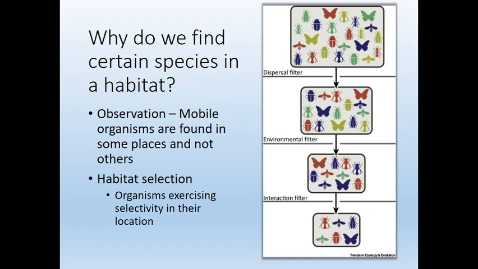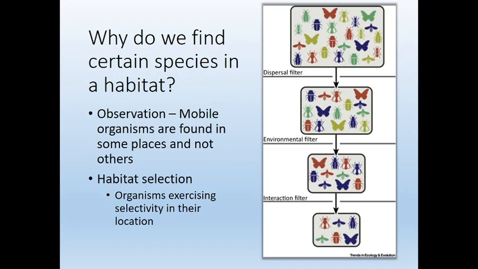Okay, and one of the things that we know is that, let's say you have a variety of mobile organisms that can move around very easily. Something like birds, right? Pretty much any bird can get anywhere, at least when we're thinking about land. Let's not think about an island context or anything.